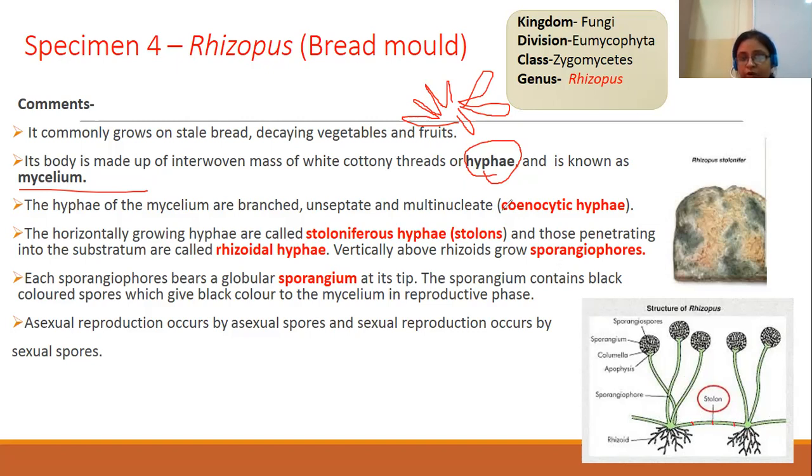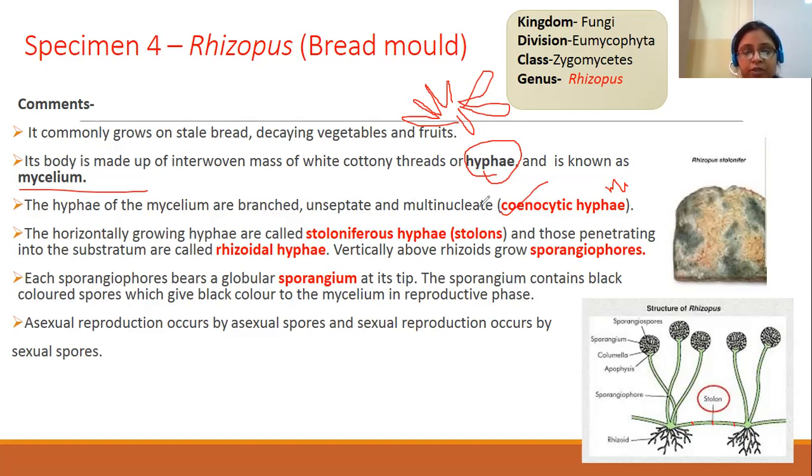Such a condition is called coenocytic hyphae and coenocytic mycelium. Because there is no partition wall, no septa, it is totally unseptate. That's why all the nuclei are present together in the common cytoplasm.